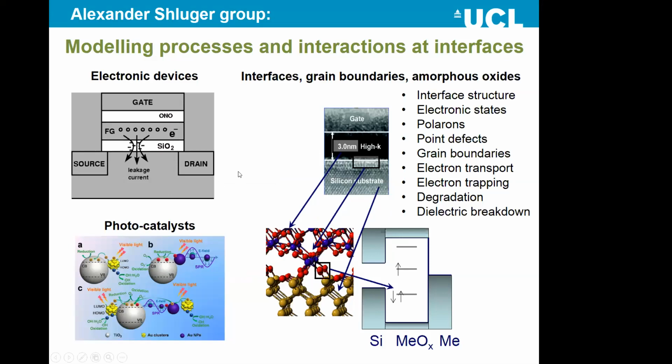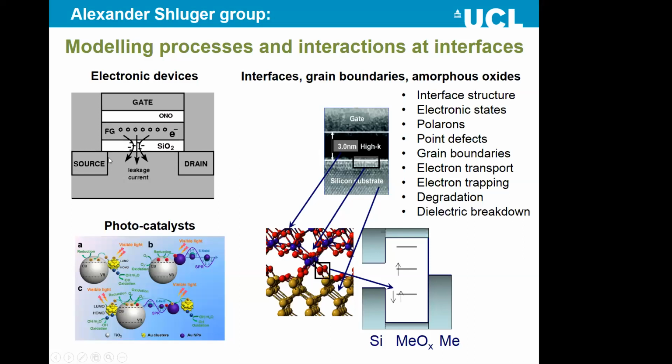So in my group, we are dealing with several types of problems. One of them, which I'm going to talk about today, is modeling processes and interactions at interfaces, mainly driven by various applications in microelectronics and photocatalysis type of systems.